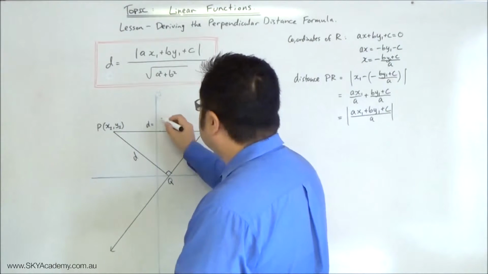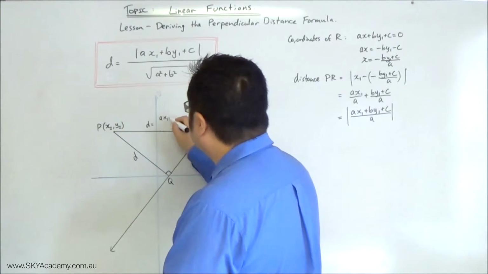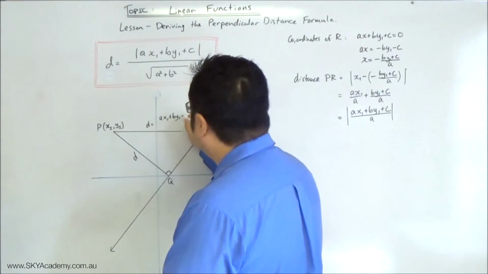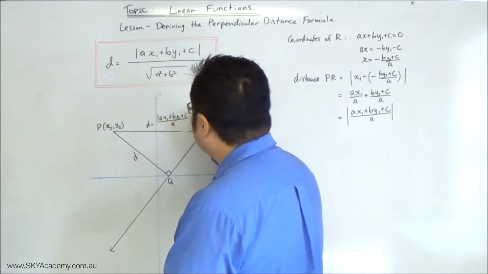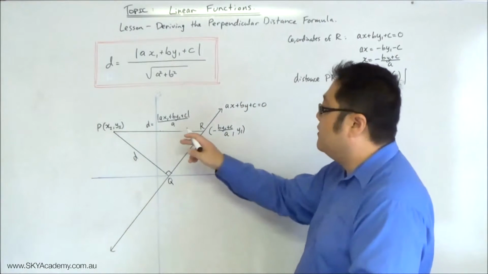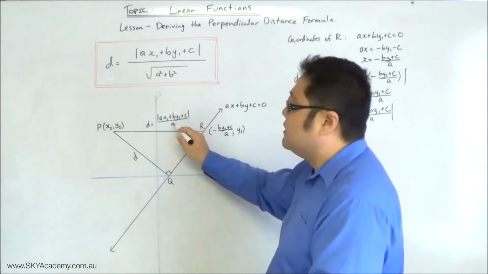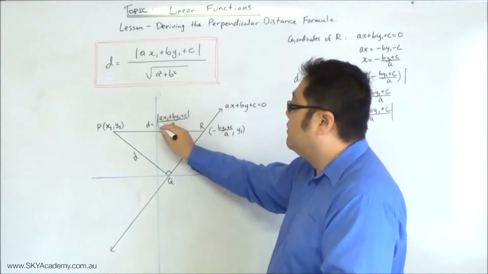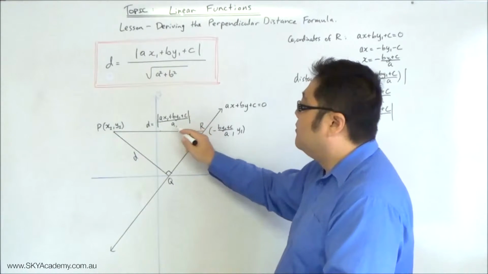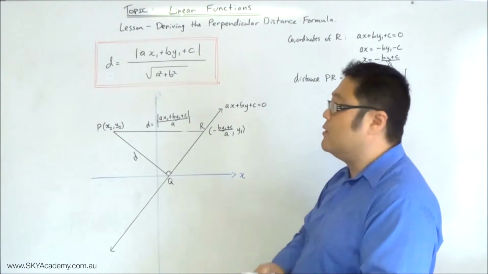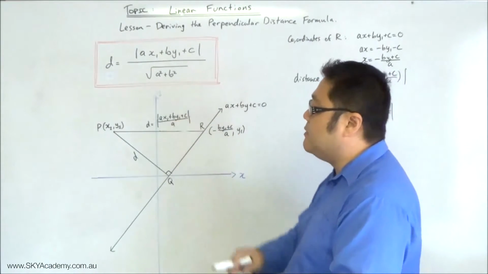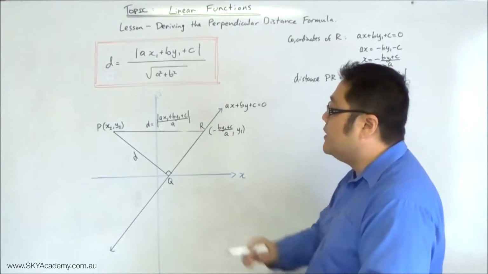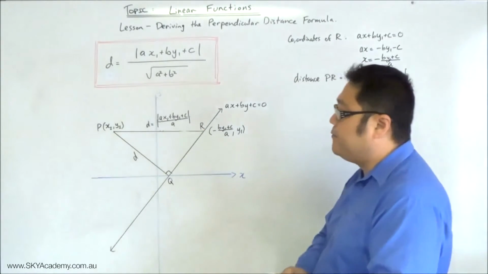So the distance there would be ax1 plus by1 plus c all over a, in absolute value. Now, assuming a is a positive number, because it is expressed in general form. Okay, so a needs to be positive if it's in general form. Okay, so that's that distance there.